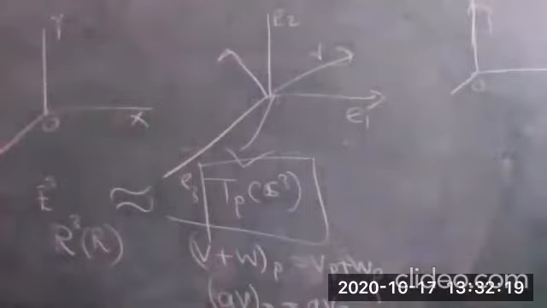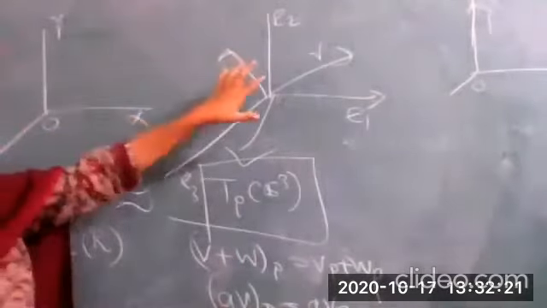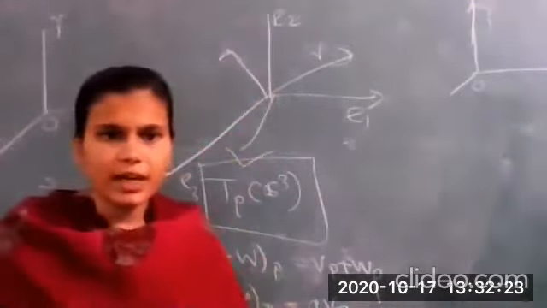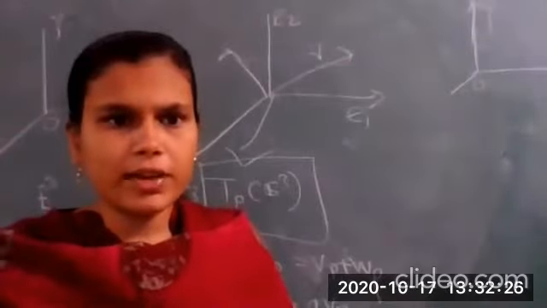So what we have proved, E1, E2, E3 are linearly independent. So suppose you have a finite dimensional space, if you have a finite dimension.